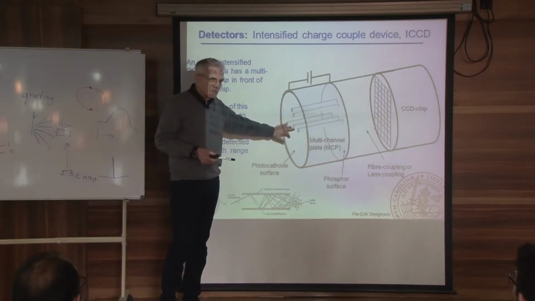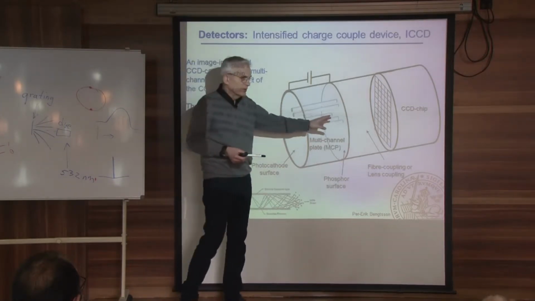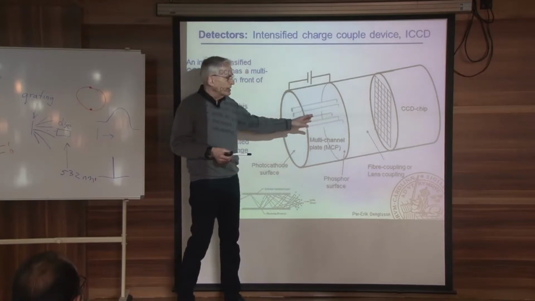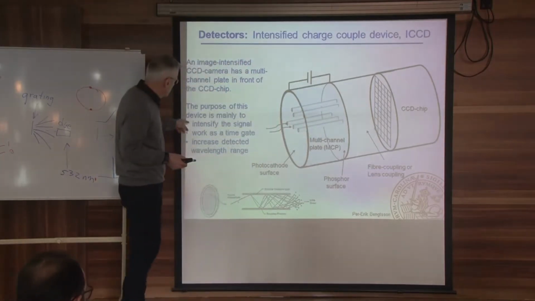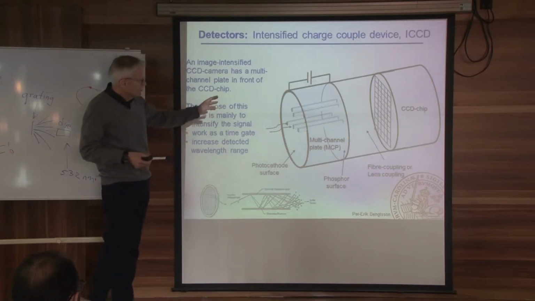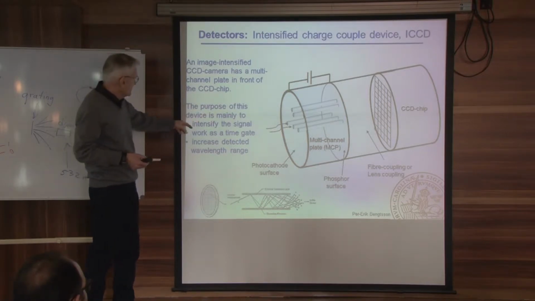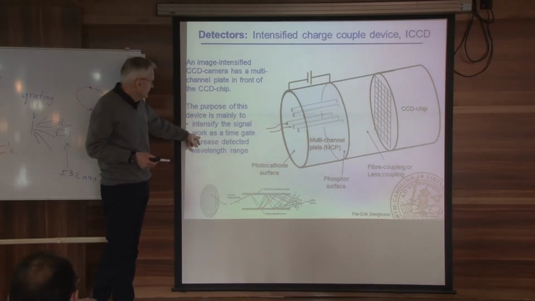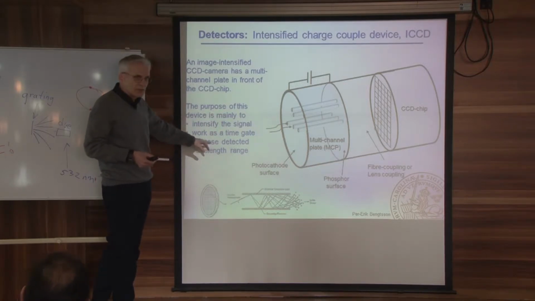This is UV sensitive. It transforms UV light into visible, so we can go down to 200 nanometers. So there are three really important reasons why we want a multi-channel plate: it intensifies the signal, it works as a gate, and it increases the detection wavelength range.